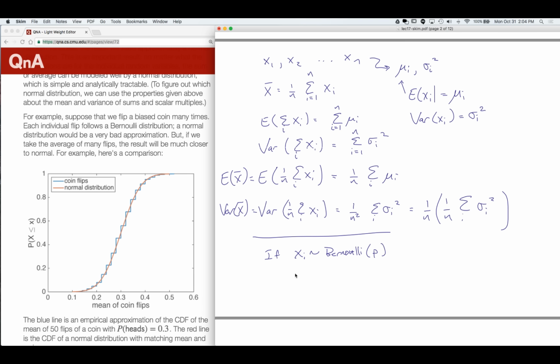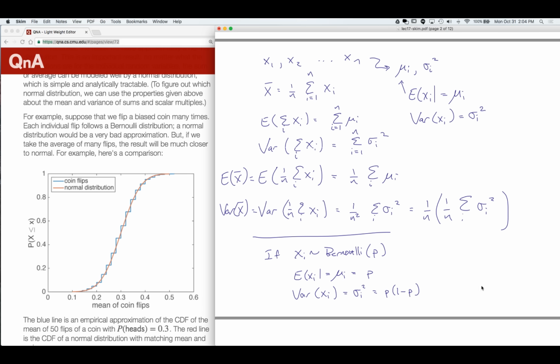Then the mean of xi, which is mu i, is just p. And the variance of xi, which is sigma i squared, you can look this up, or I happen to remember the formula: it's p times 1 minus p.